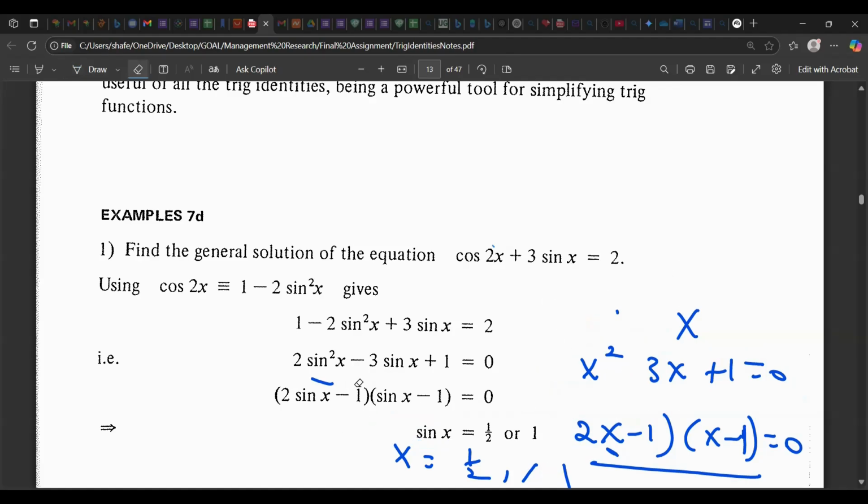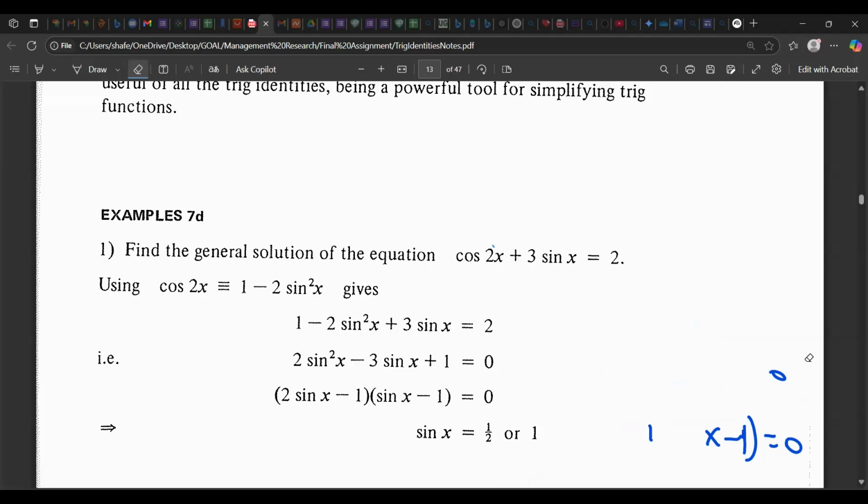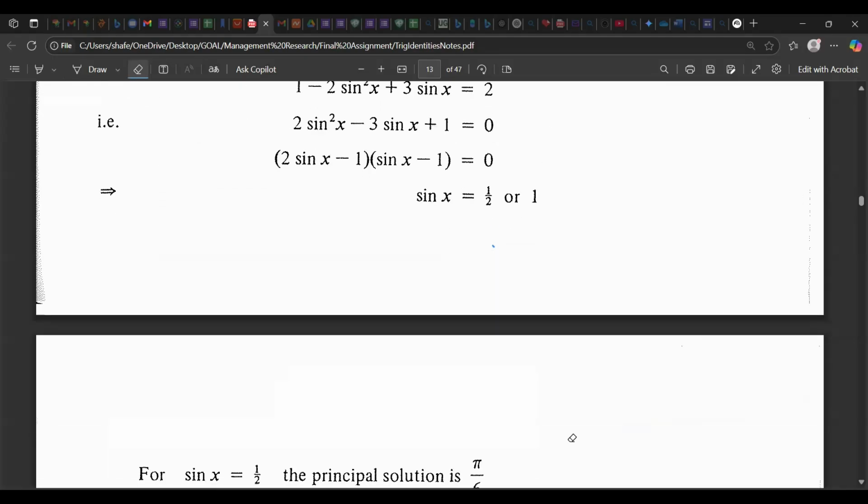So we solved there, we got sine x. We need to find the angles themselves, and they want a general solution. Now that we have sine x equal to a half or 1, let's get the general solution.